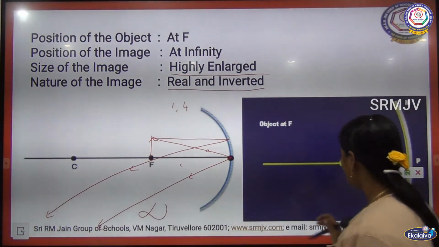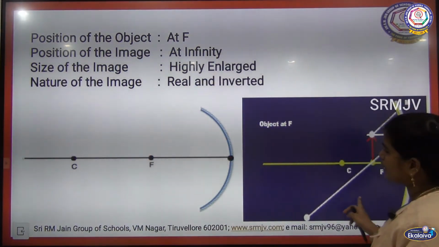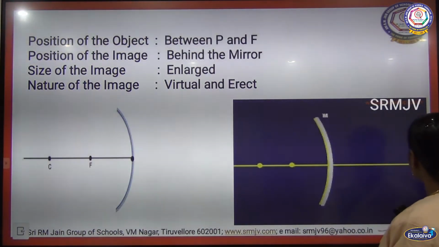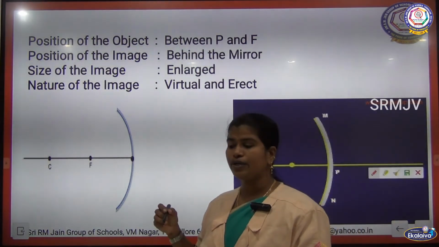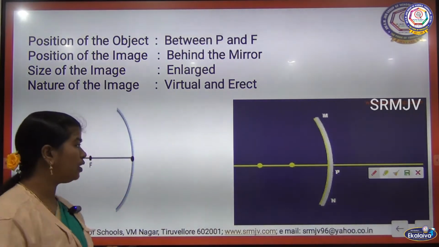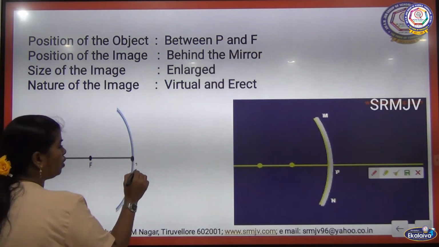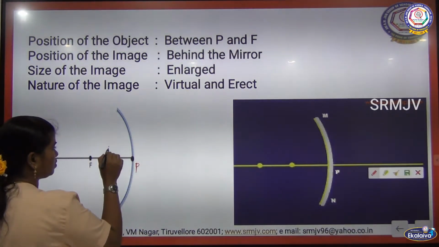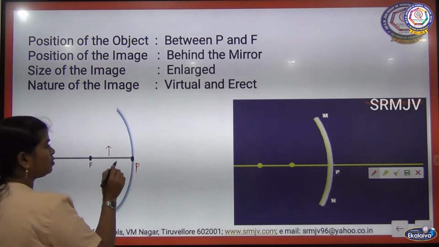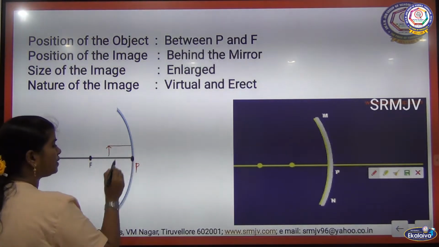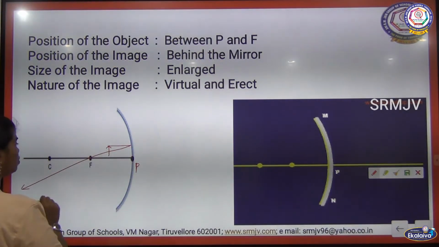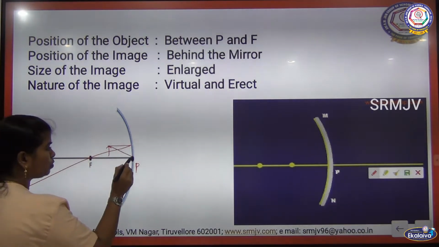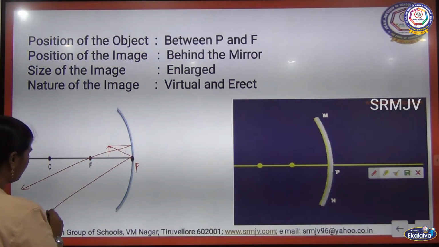Yes. Now we will move on to the next one. Now I am going to keep the object in between the pole and the focus. So a ray parallel to the principal axis, after reflection, passes through the focus, and the next one is incident obliquely.